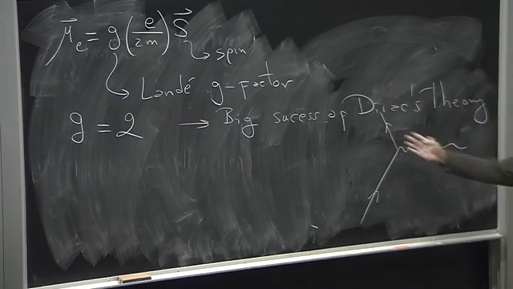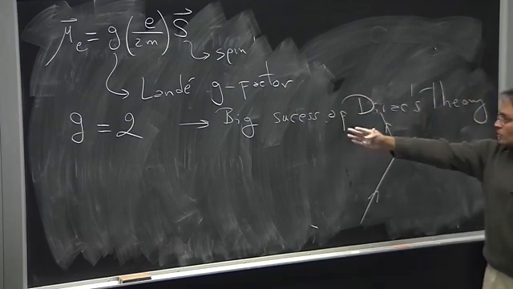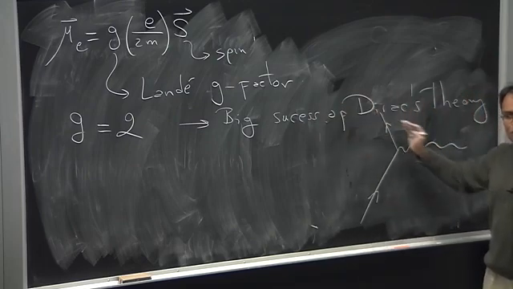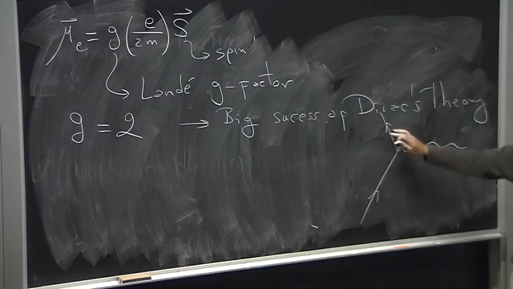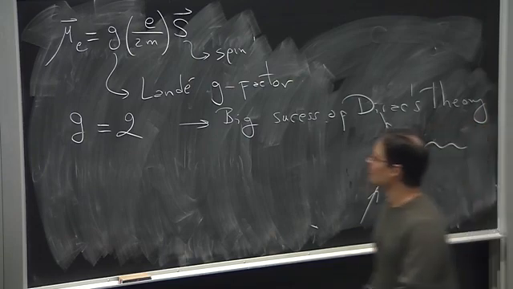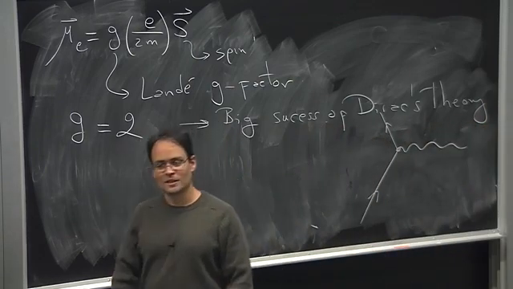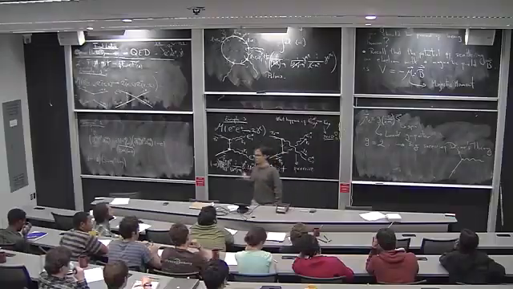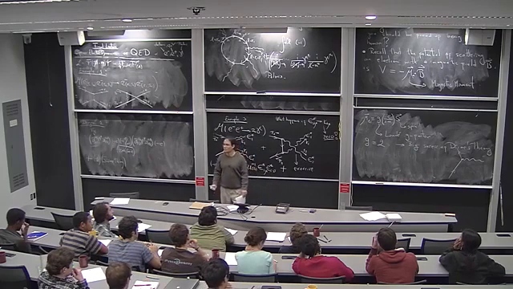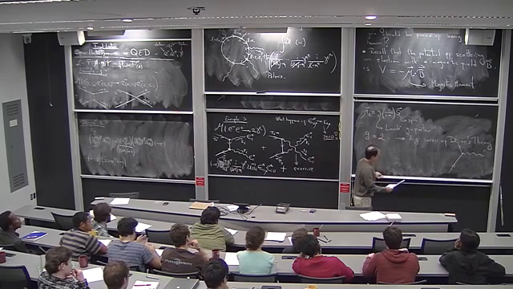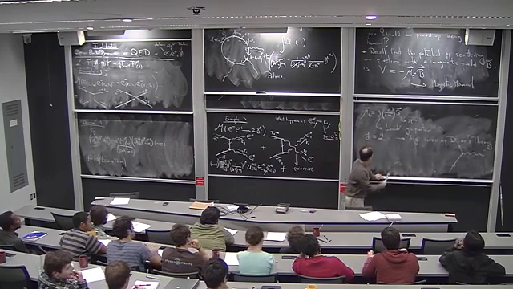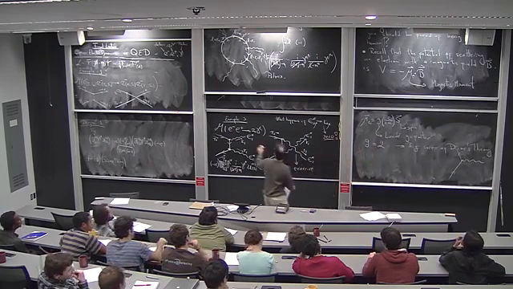Dirac's prediction comes from just doing a computation using the basic interaction. But then people made experiments and found that the answer was not quite 2. It was different from 2, and within experimental errors, it was definitely not 2.